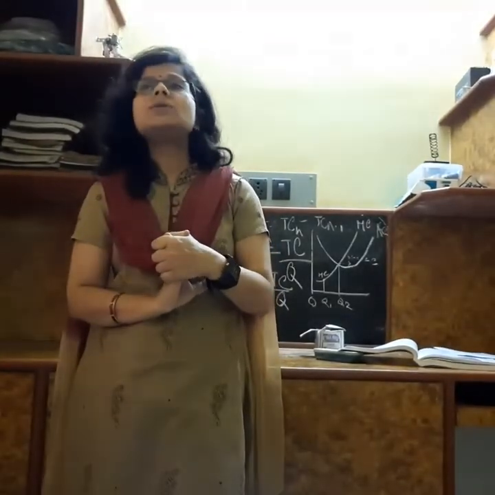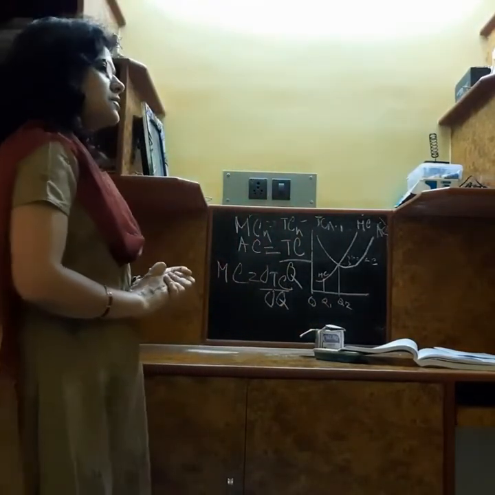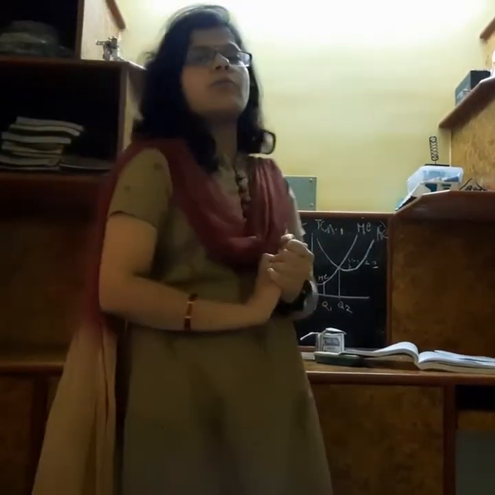Okay. Now the question is, what is the shape of marginal cost curve? So the shape of marginal cost curve is as AC, means it is also U-shaped. Initially, when the production starts, the marginal cost declines on account of increasing returns to scale.